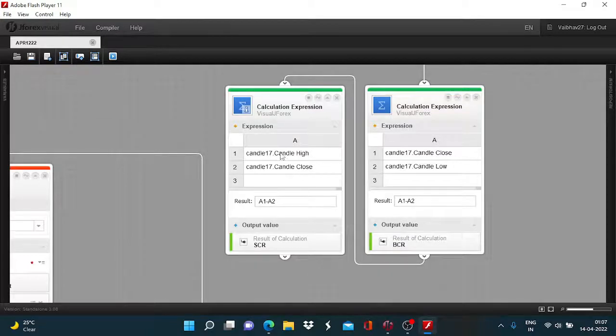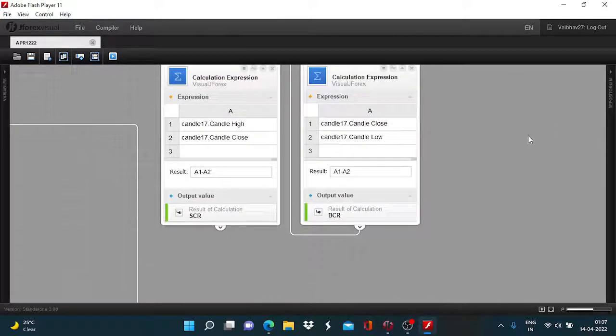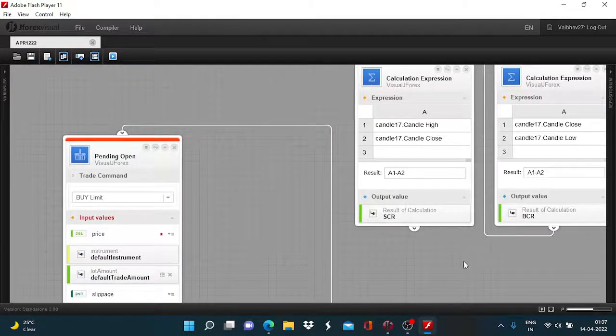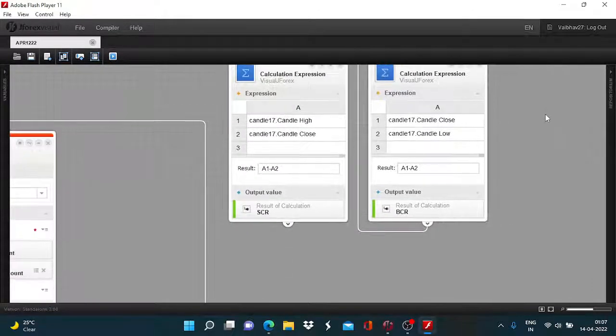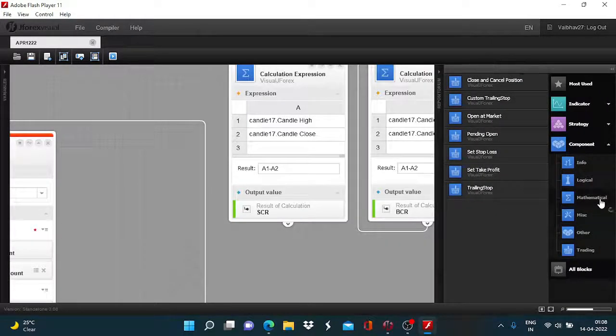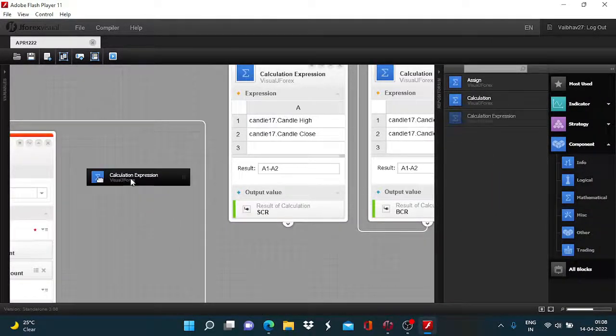And we have this difference of the high and close, which we will deduct from the last tick price or closing value of last 10-second candle. Anyway, it will work. So I need one more mathematical component, calculation expression.